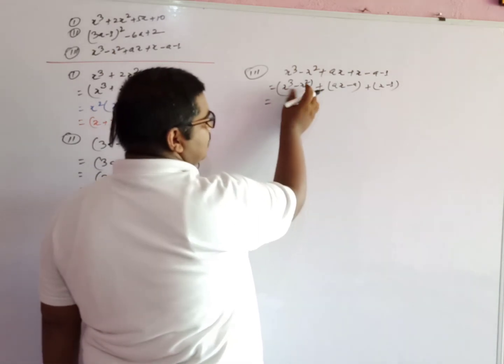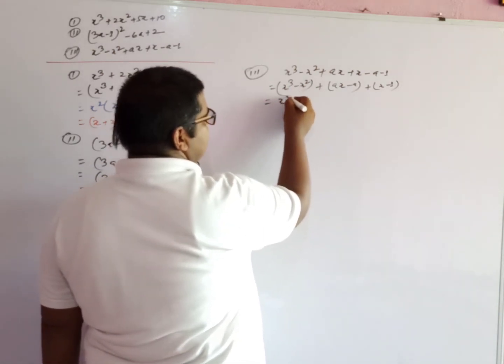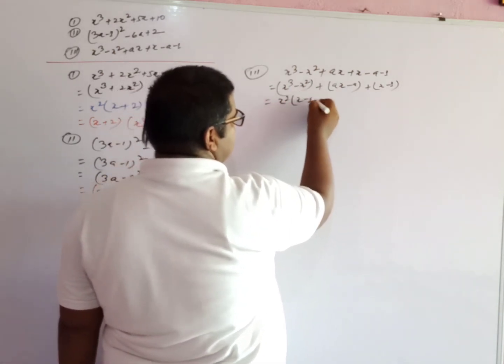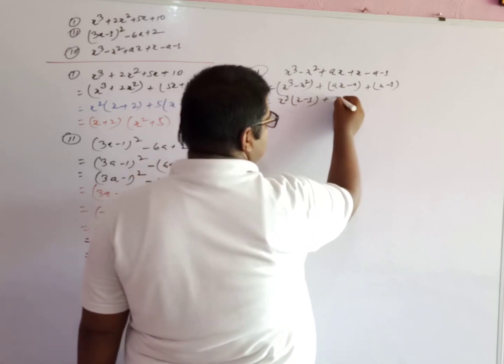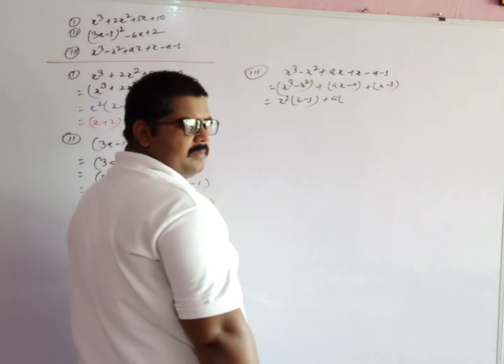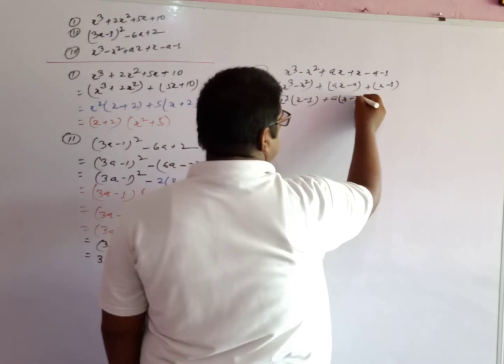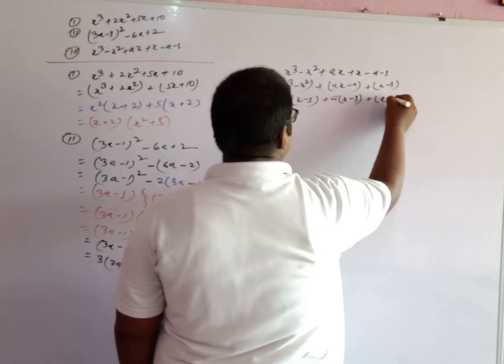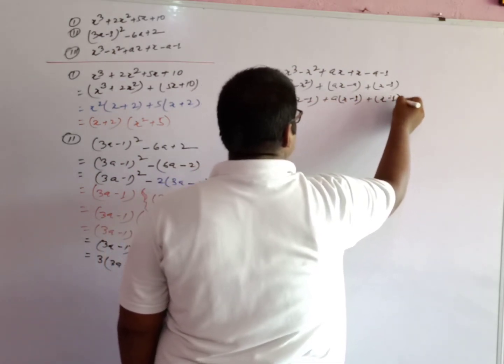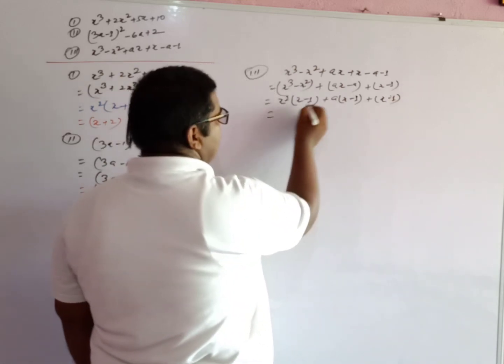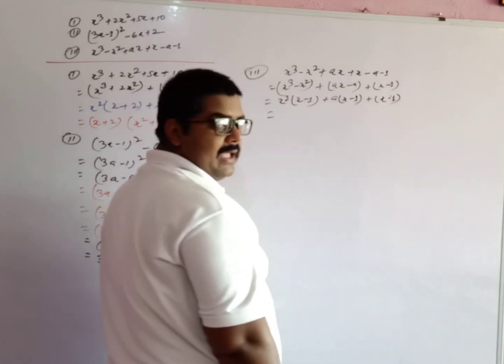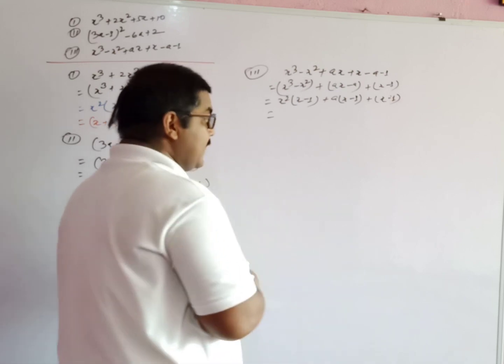And what is taken in common in these two? X square. Then it can be written as x minus 1. In this term, you may take a as common. Then it would be x minus 1. And the third, x minus 1, is already there.